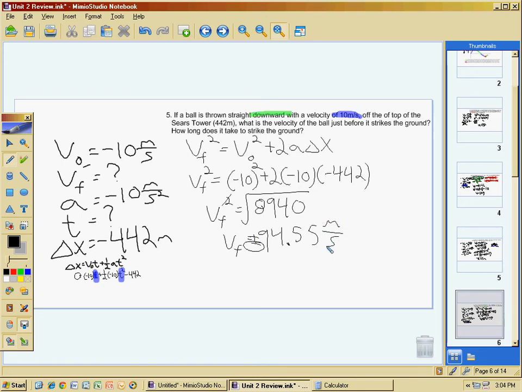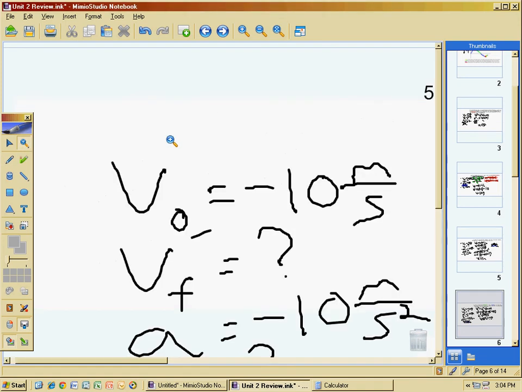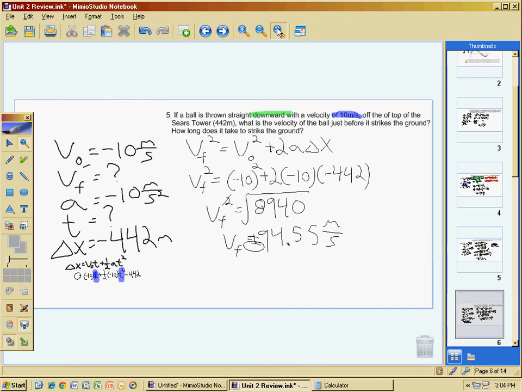Last step. We said to find time. Let's see, I'm running out of space here. All right, let's try blowing this section up. See if that gives us enough. Okay, apparently not. Nope. All right, we'll make do. All right, so last step.